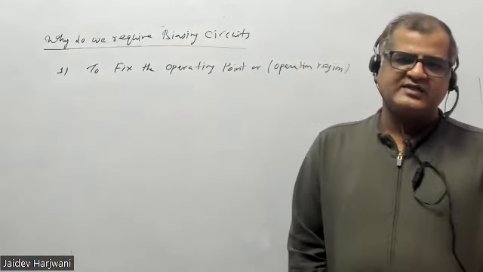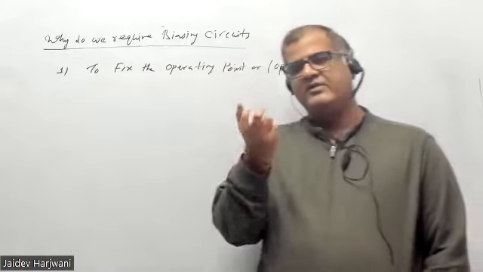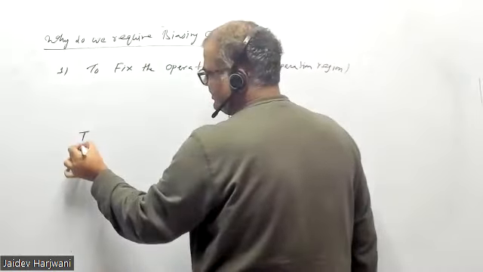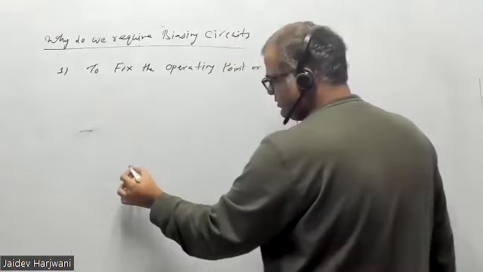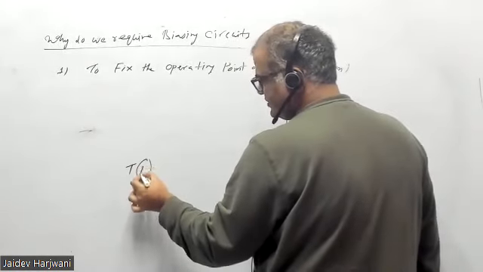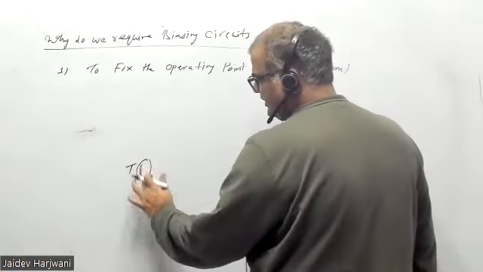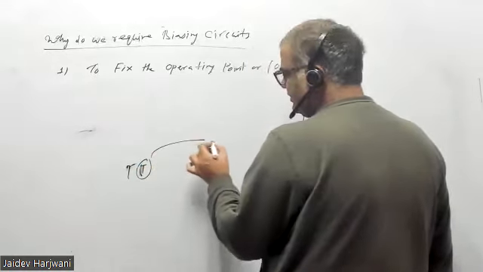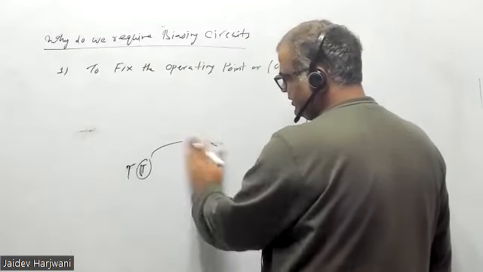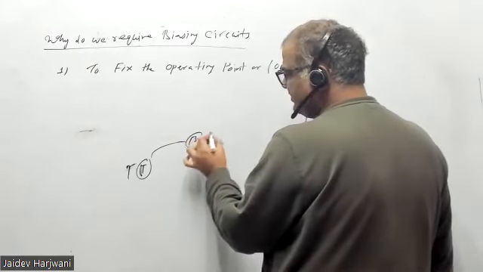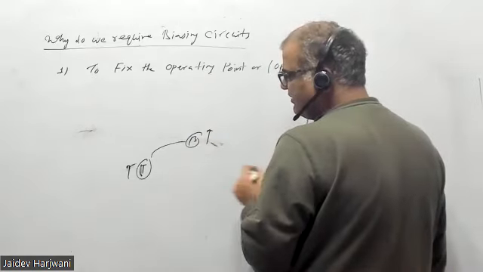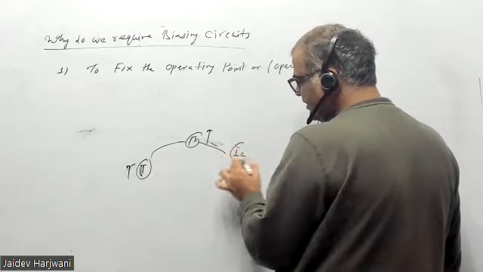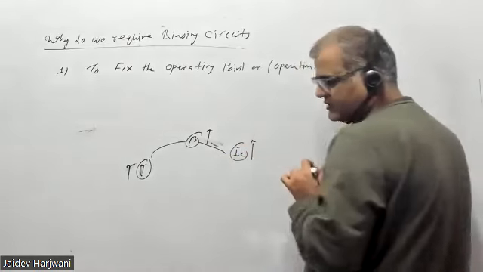If temperature increases, what will happen? Beta is a temperature dependent quantity. If T goes up, beta will increase. So beta is increasing, and automatically your IC will also increase in the circuit.